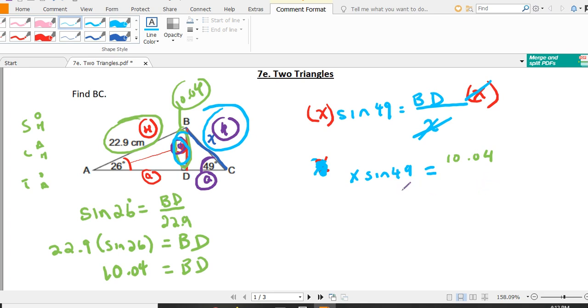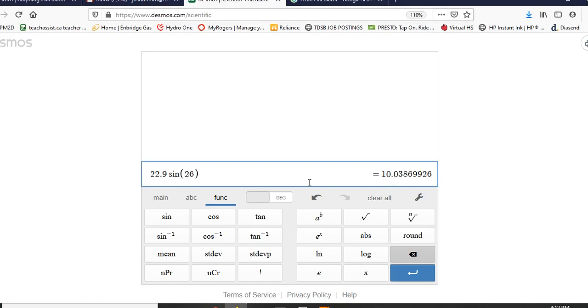Now we need to do an extra step here. I need to divide both sides by sine of 49 because I want x by itself. So these two will cancel, and x will just equal 10.04 divided by sine 49.